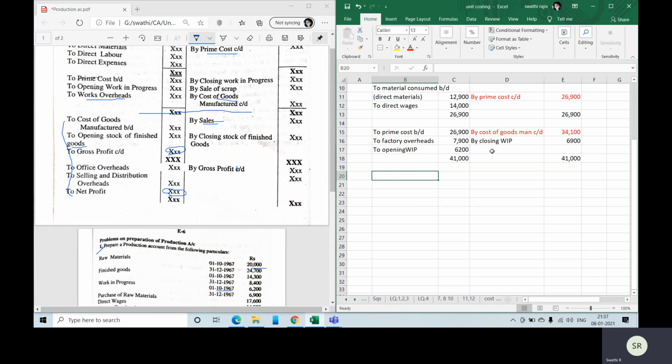All right, so that amount first. Brought down is 34,100, and along with this, now trading account, always if you remember your final account, trading account starts with to opening stock of finished goods.